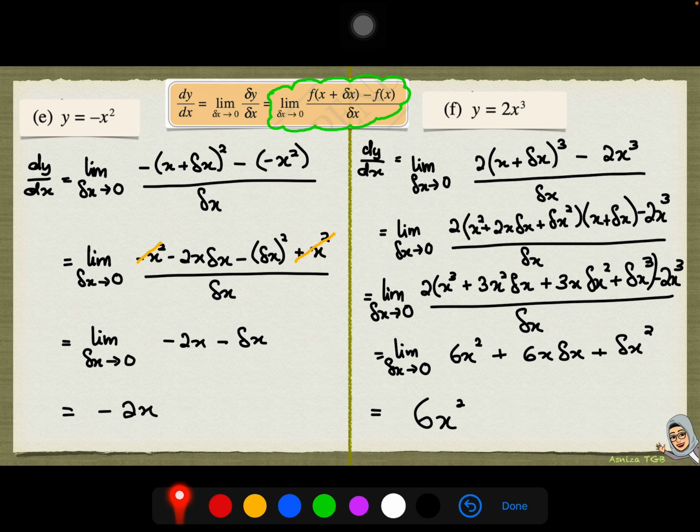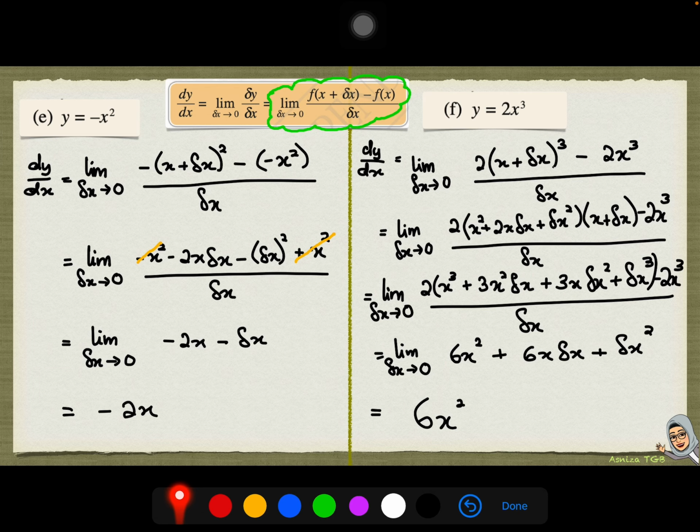Then we divide these terms by delta x, so we have negative 2x minus delta x, since delta x squared over delta x is delta x. Now we substitute delta x with 0, so the answer is negative 2x. Be careful along this process, where you have to expand and simplify.